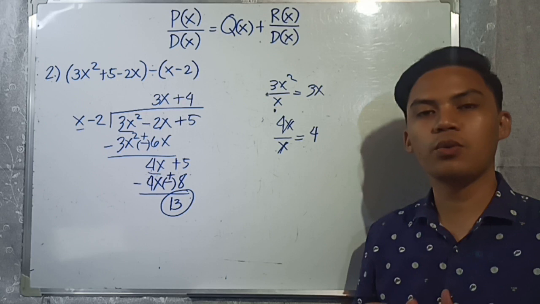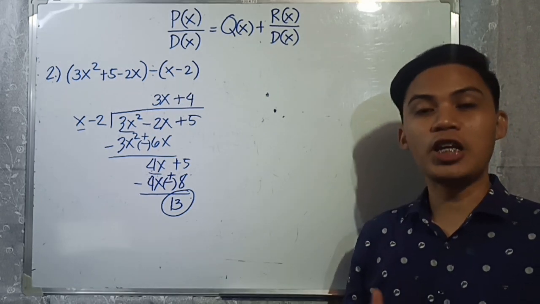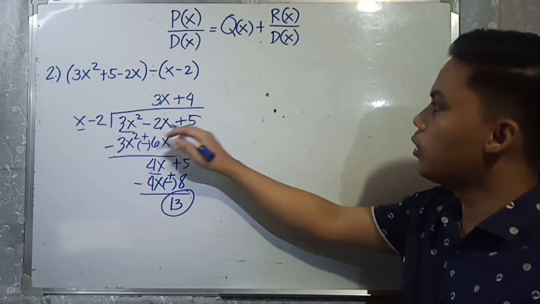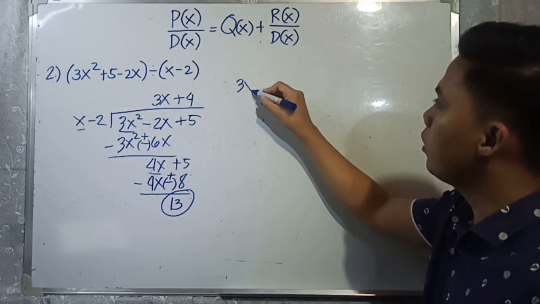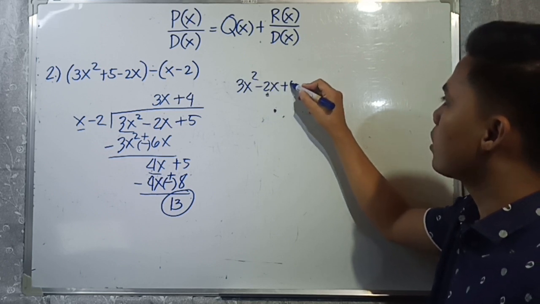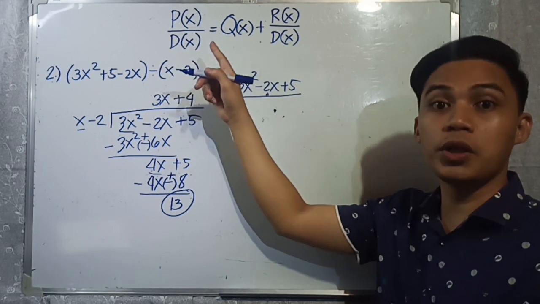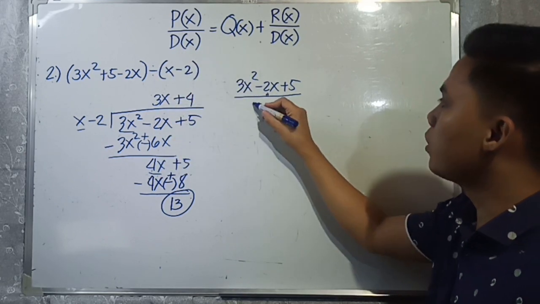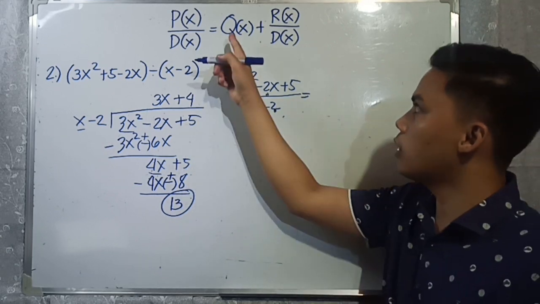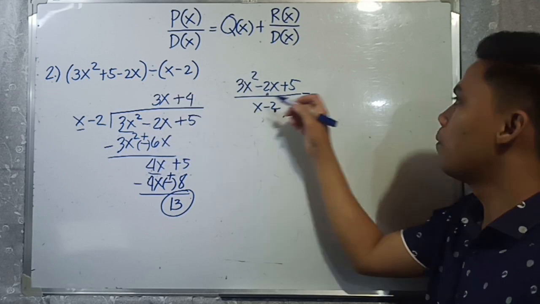So, paano natin susulat yung final answer natin? So, we're going to follow the notation that we have. So, we have p of x, that is our dividend. So, 3x squared minus 2x plus 5 divided by d of x, or our divisor. So, ang divisor natin ay si x minus 2. So, ang quotient na nakuha natin, yung q of x natin would be 3x plus 4.